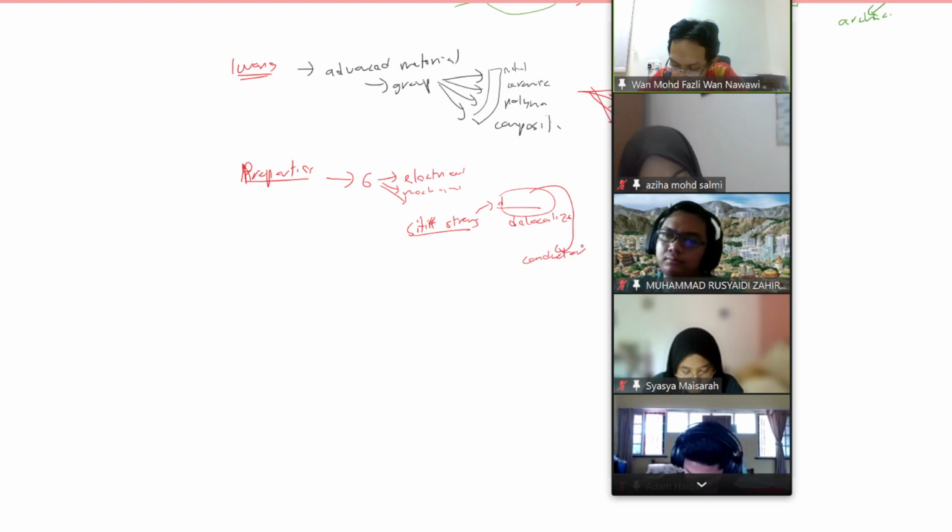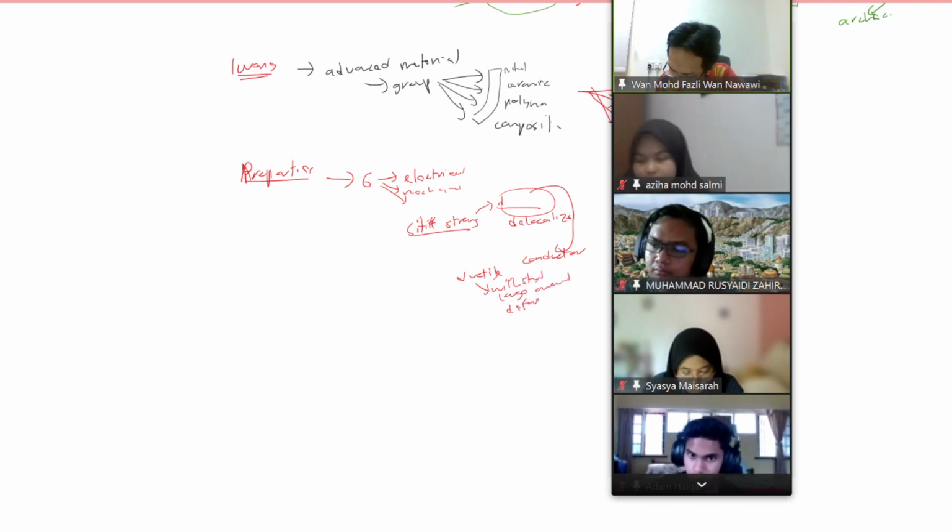And then it is ductile. Ductile is capable of withstanding a large amount of deformation, which means that we could shape a metal into any desired form. For example, for sculpture, we could use metal. And then there are optical properties.